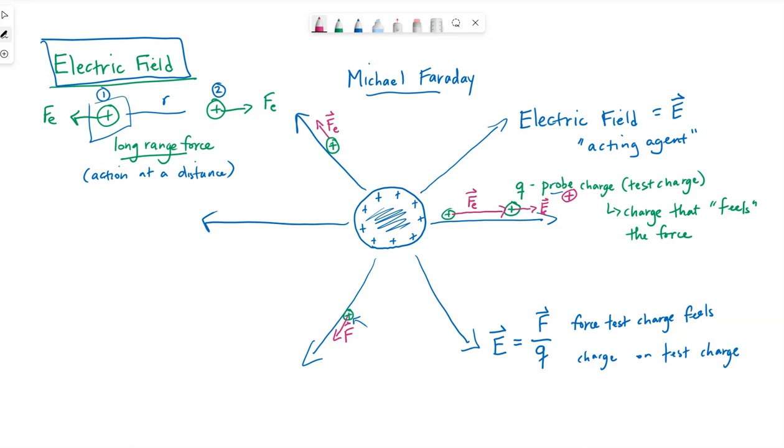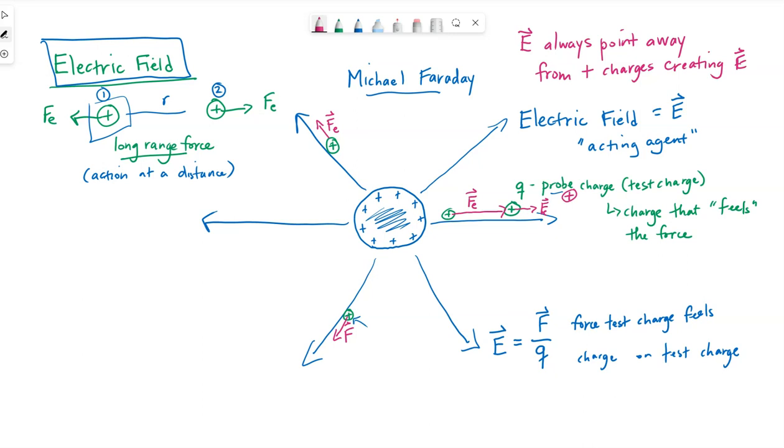We find that electric field lines always point away from positive charges creating them, creating the electric field specifically.